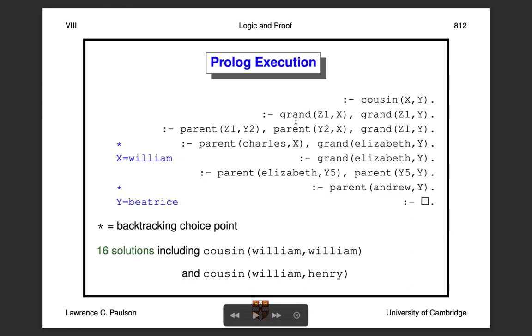Going down the list of program clauses again, we find only one way of solving the grandparent relation, which is to create two parent relations. And you will note how now two new variables have been introduced into our problem. So we still have the original X and Y, but we also have Z1 and Y2.